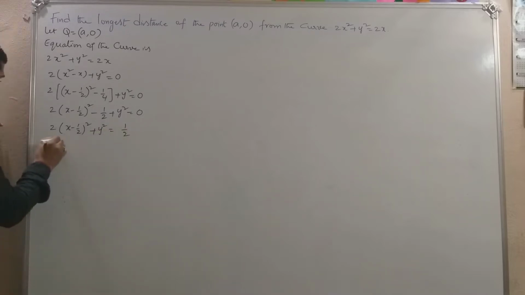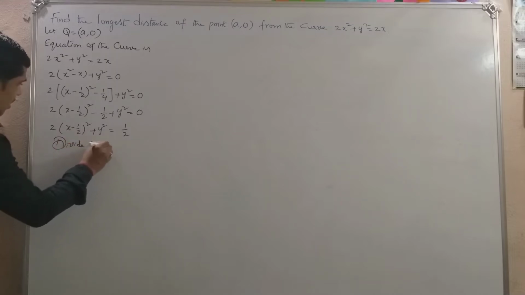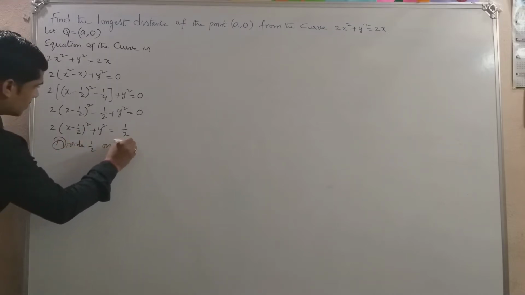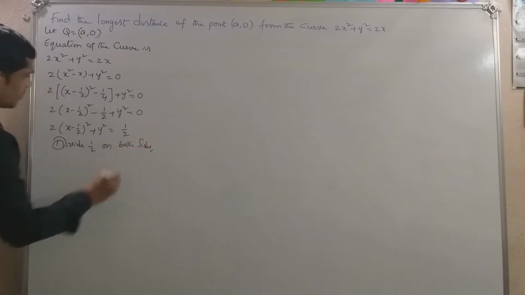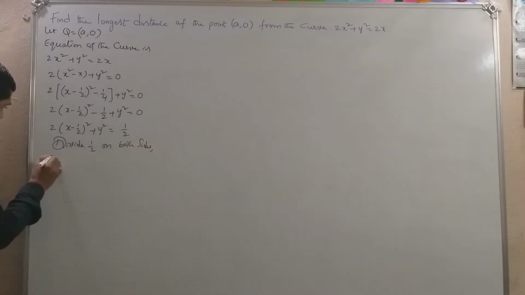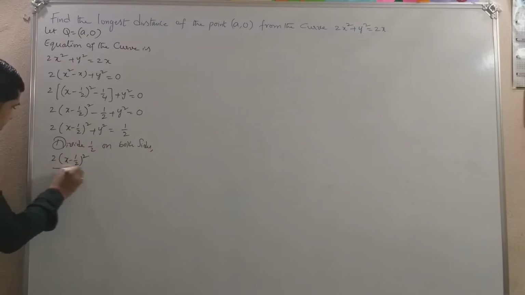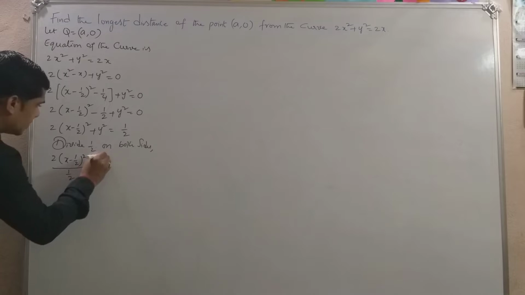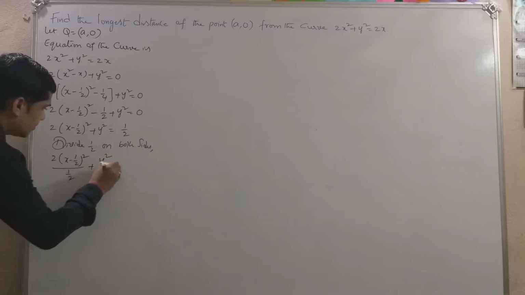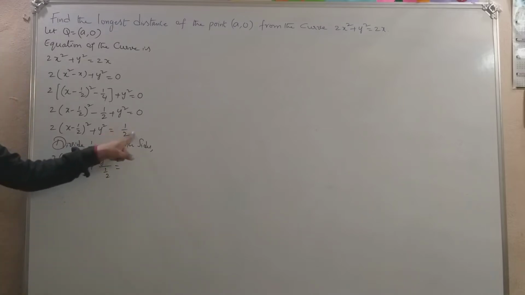Now let me divide by 1/2 on both sides, and you will get 2(x − 1/2)² divided by 1/2, plus y² divided by 1/2, is equal to (1/2)/(1/2), that is 1.